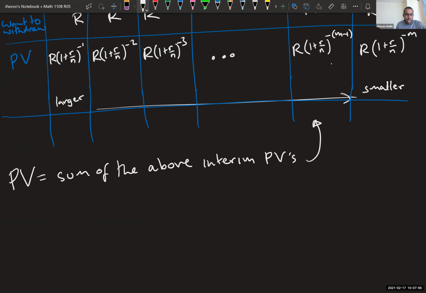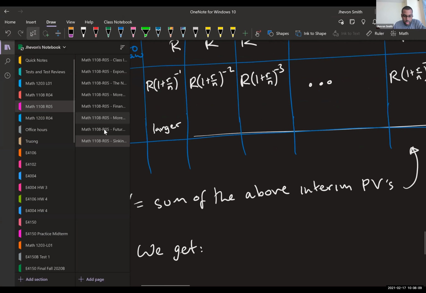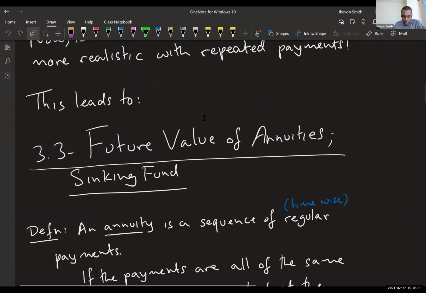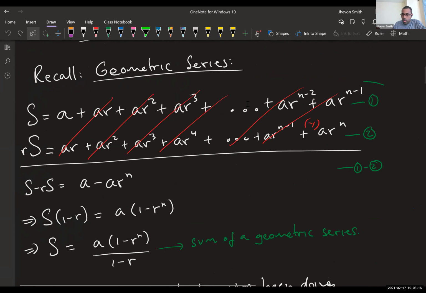Right? And ultimately we get, right, I'm not going to go through the argument again, but essentially we do the same thing that I did yesterday. Okay, so you would add them up like this.